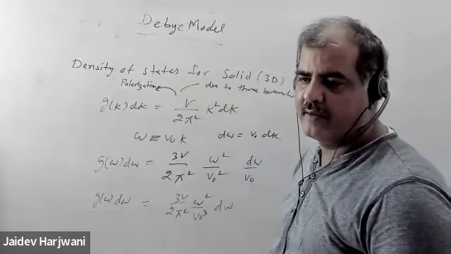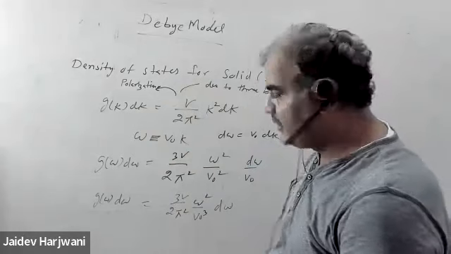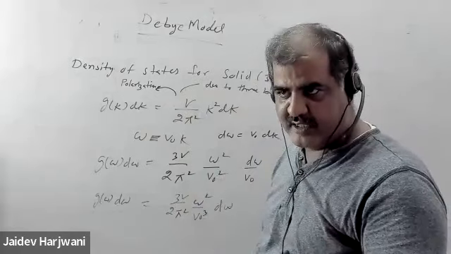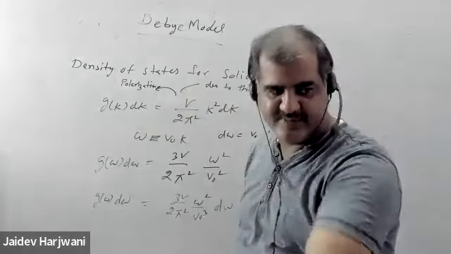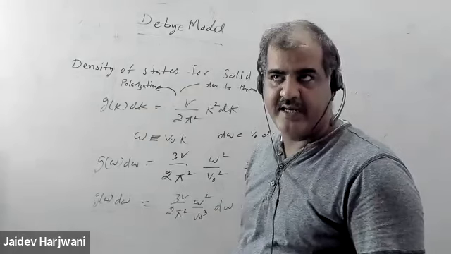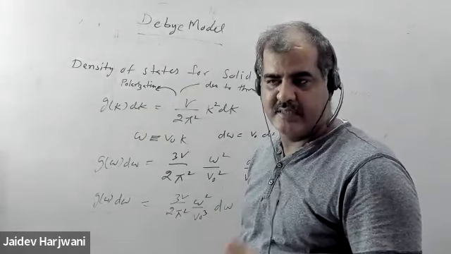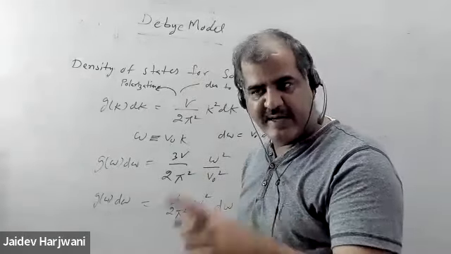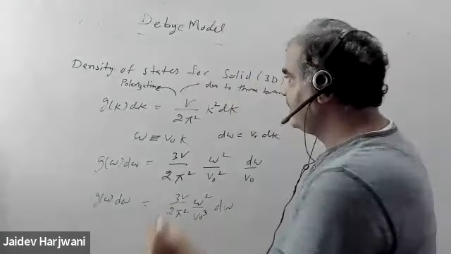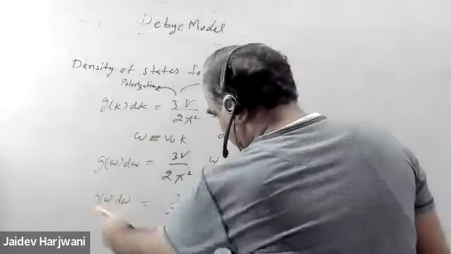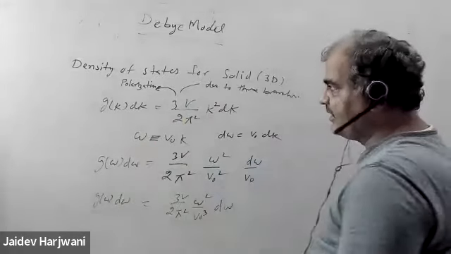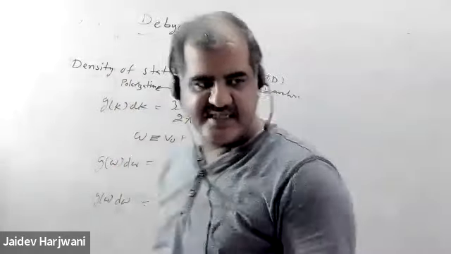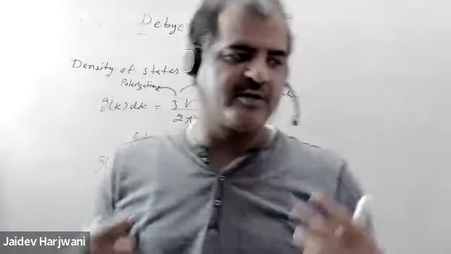Total number of k's equals the number of modes, and the number of modes equals the number of lattice points. Here we are taking a monoatomic solid, so lattice points equal the number of atoms. So the total number of modes will be 3n. If you integrate g(k) dk, it will give you the total number of k states, which equals the total number of lattice points.